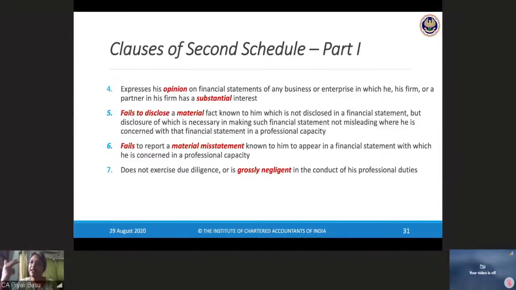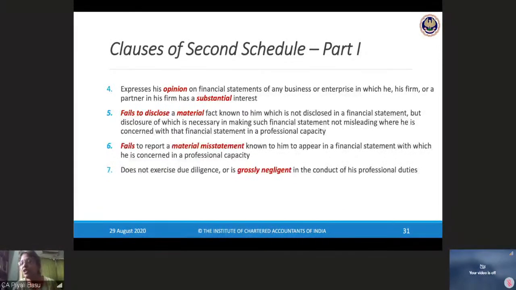In the first one, the balance sheet and profit and loss account are correct, but the conditions, the facts and figures which produce them needed more clarity. That is what we are talking about in Clause 5. In Clause 6, we are saying the balance sheet and profit and loss account are misstated because there is an under-provision of debtors, or of depreciation, and things like that.